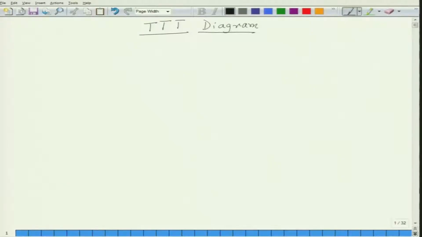And we have also seen that this TTT diagram can be drawn on the basis of one expression, which is nothing but the JMAK equation.